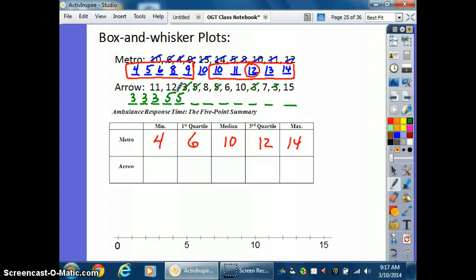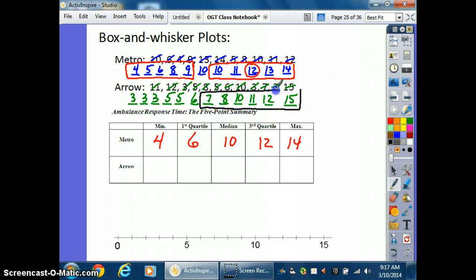And then there is a 6 and 7, 8, and then where does it go? 10, 11, 12, and 15. Okay, good.